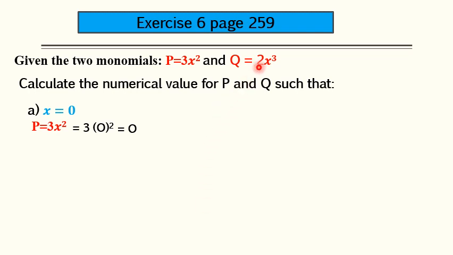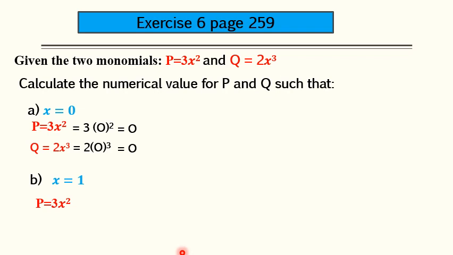Now, q equals 2x cubed. For x equals 0, so 0 cubed, it means 0 times 0 times 0, so it's 0, and we know that if we multiply 0 by any number, we will definitely get 0. So if x equals 0, both p and q, their numerical value is equal to 0. Next part, what if x equals 1? P equals 3x squared, so it's 3 times 1 squared.